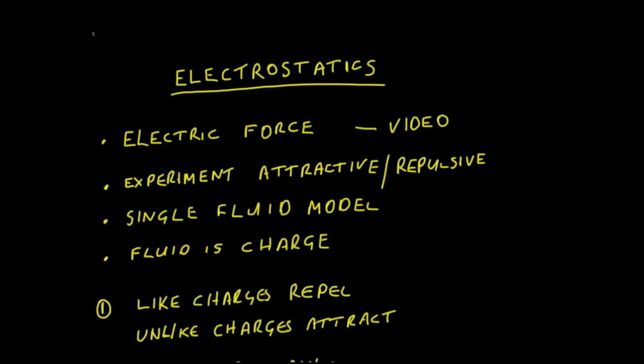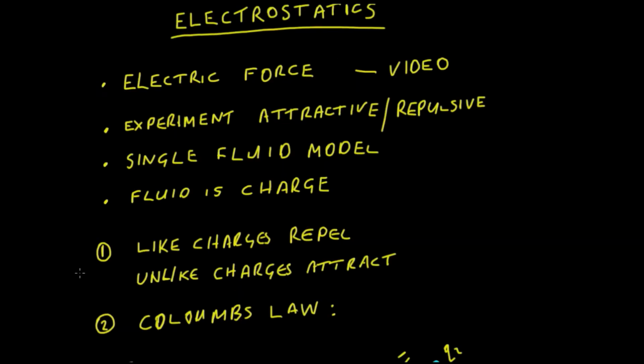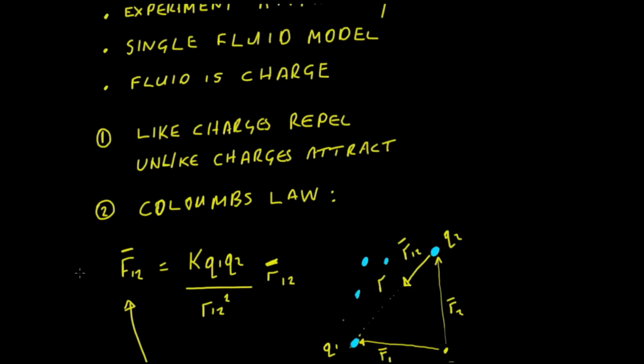There are only really three things that we're interested in as far as charge is concerned in this course. We know that like charges will repel and unlike charges will attract. So two positive charges will repel, two negative charges will repel, and a positive and a negative charge will attract.